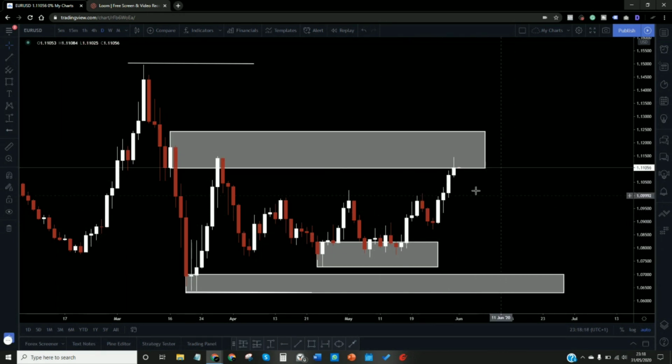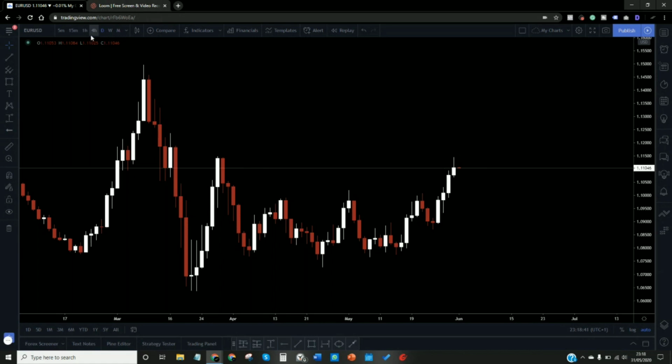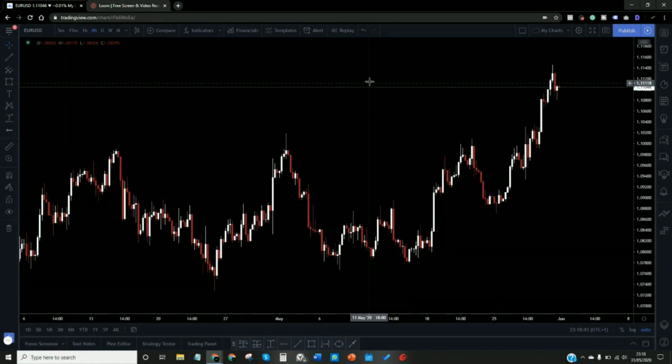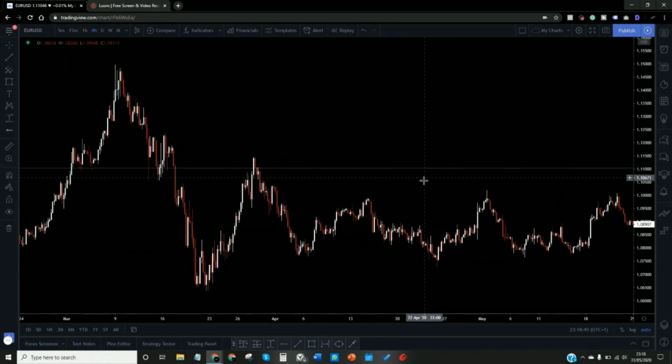So if a daily supply gets created, maybe after bouncing out of this zone, and a new daily demand zone forms, I'm going to be looking at that with intensity to take this market up to this highest point of the curve. Okay, so let's drop down now to say the H4 chart and let's see what we can see.